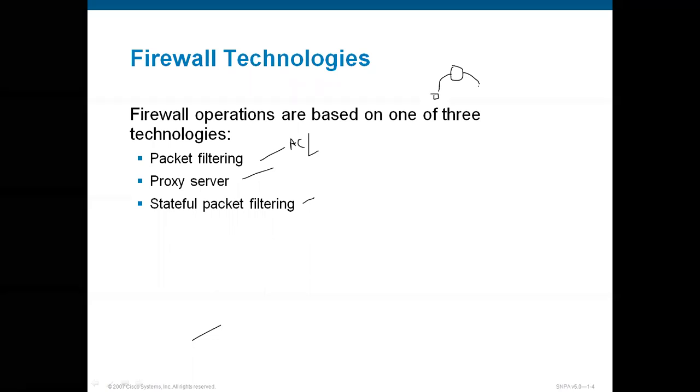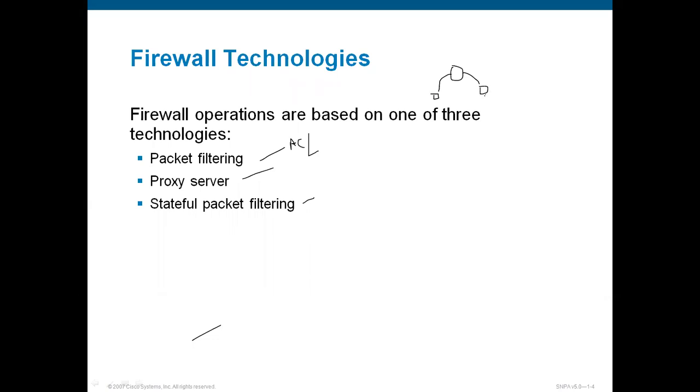So if we don't want this machine to access this network, what we have done is, on the interface level, we created the access list and applied that ACL on that interface. That is packet filtering.